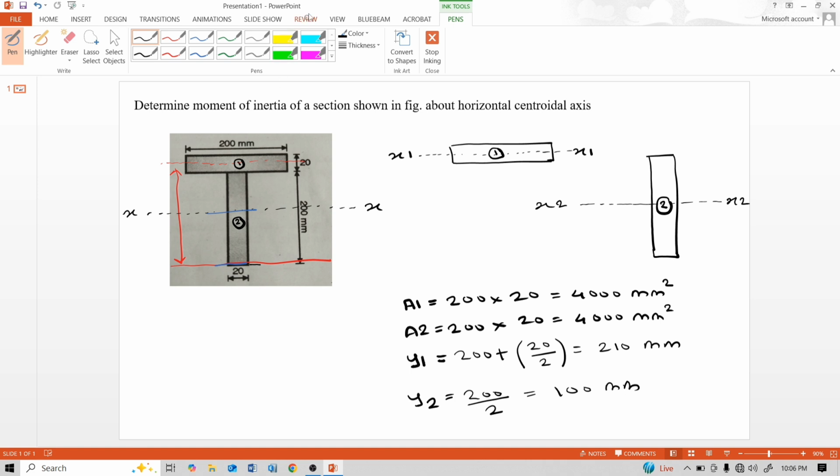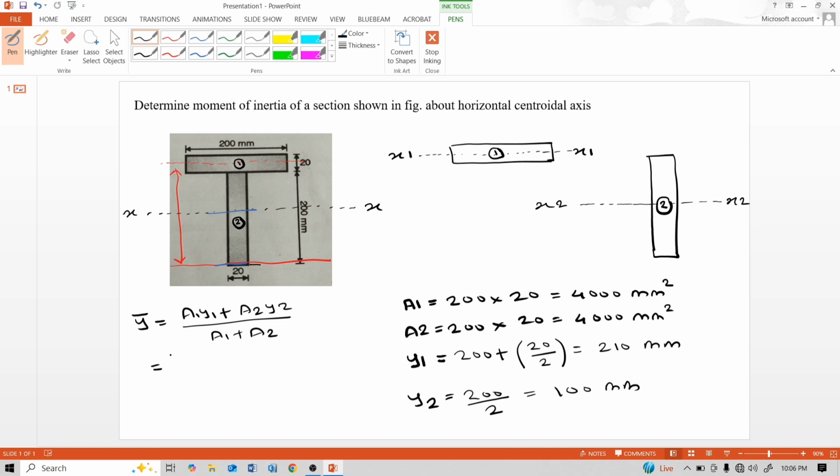For solving this, use the formula y bar is equal to A1 y1 plus A2 y2 upon A1 plus A2.